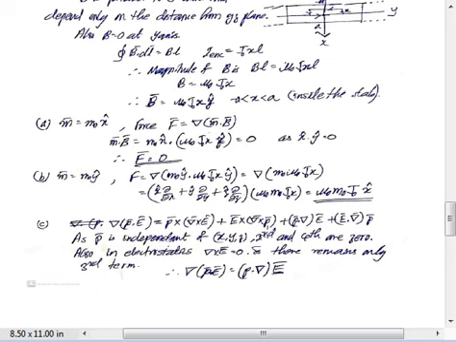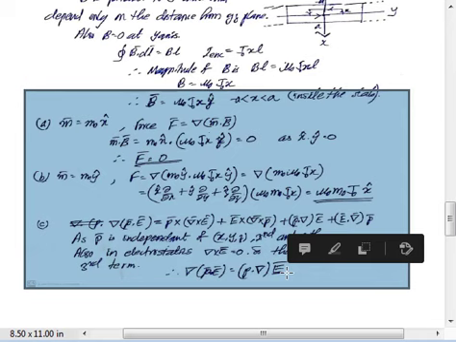Therefore the second term, del cross P, and the fourth term containing del of P are 0. Also the first term, which contains del cross E, will be 0 in electrostatics. Therefore the only non-zero term will be P dot del E. Therefore del of P dot E will be equal to P dot del E in electrostatics.